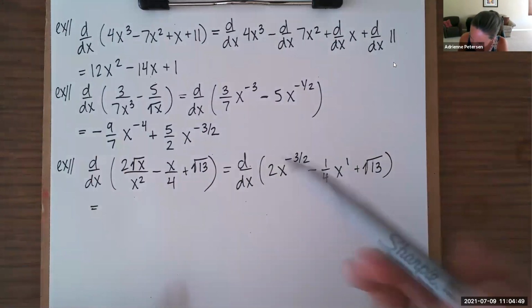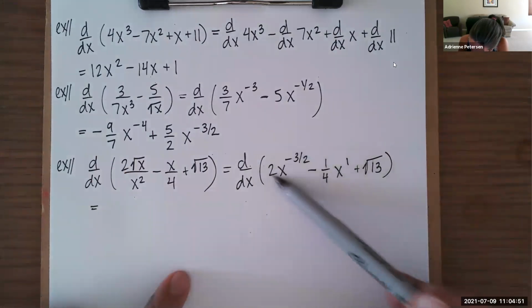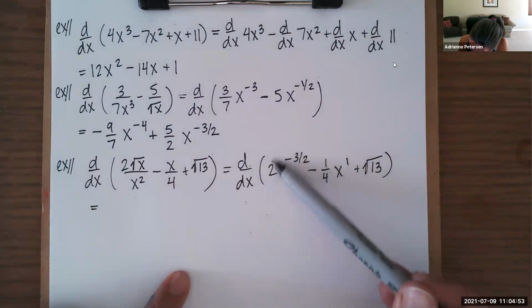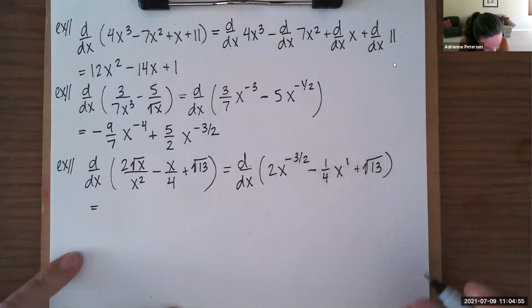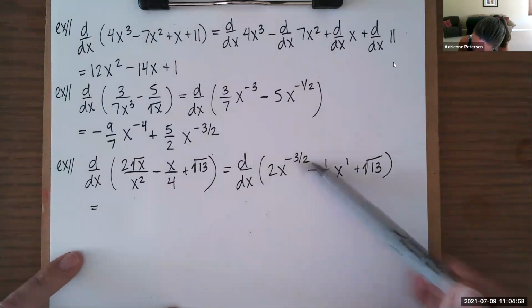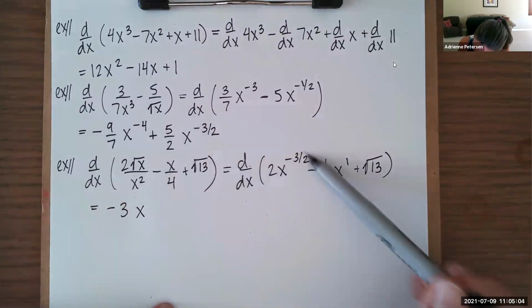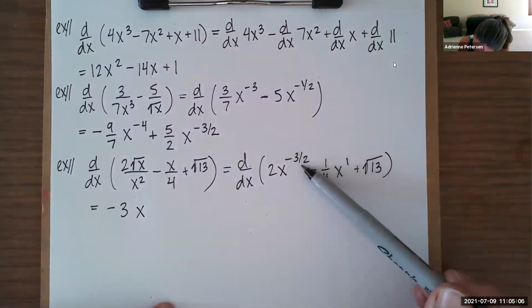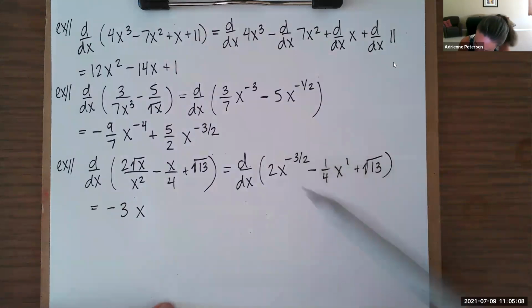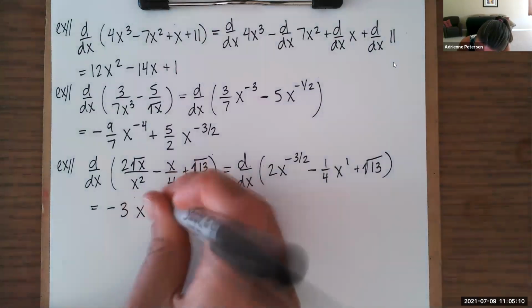Okay, so applying the power rule, I take the derivative of 2x to the -3/2. I bring this down in front. So I have 2 times -3/2. The 2's cancel. That gives me -3x to the, I have to take this exponent and subtract one more. So -3/2 minus 1 is -5/2.